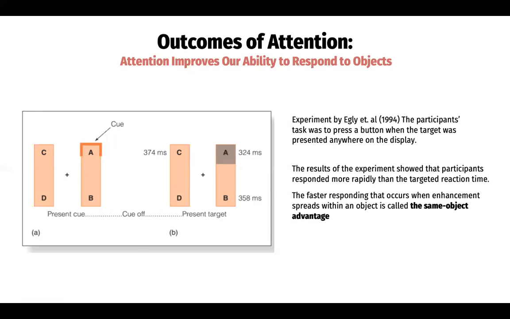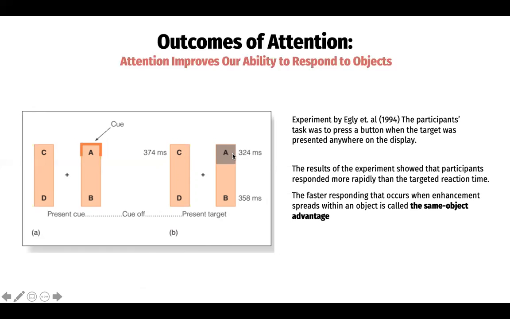So in this example, the cue indicates that the target is likely to appear in position A, at the upper part of the right rectangle, and the target is in fact presented at A. The letters used to illustrate the positions in our description did not appear in the actual experiment. This is only a way to help us.